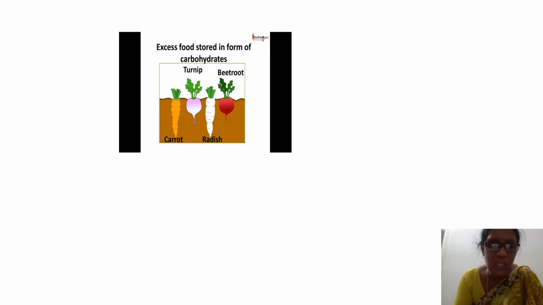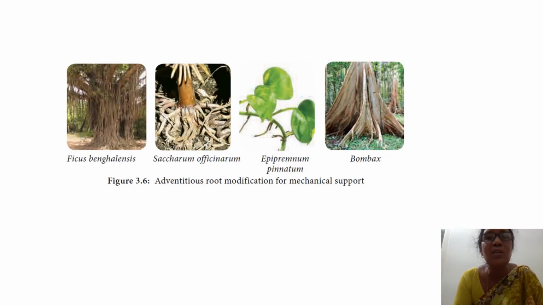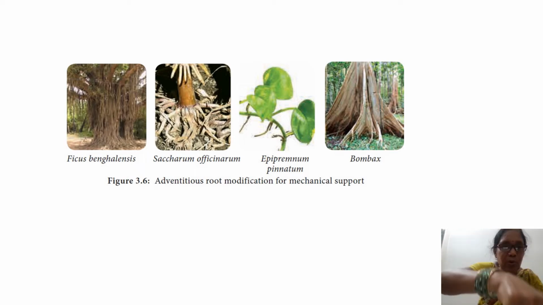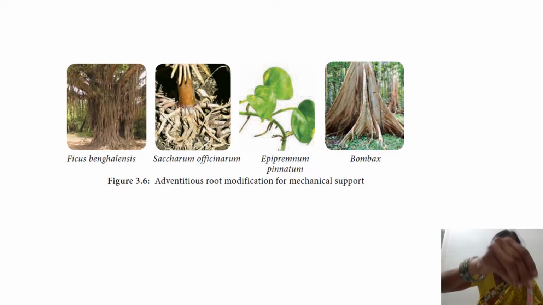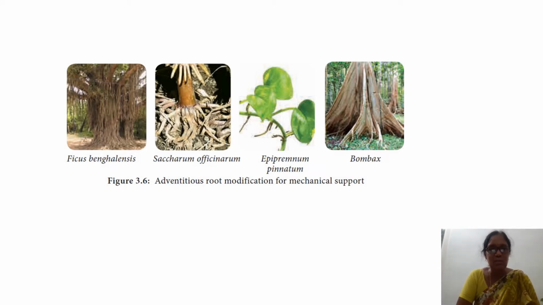What do we see? Look at the next picture. Look here. Look at the banyan tree. Here roots are developing in the air. From the branches, roots are growing down to the earth.